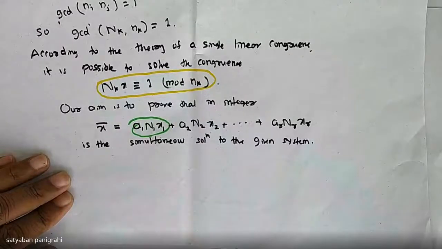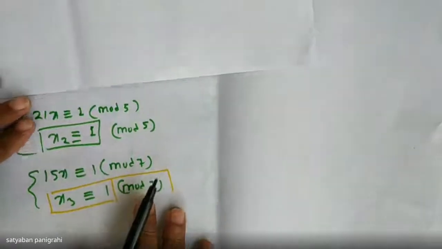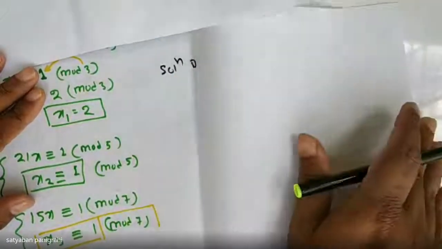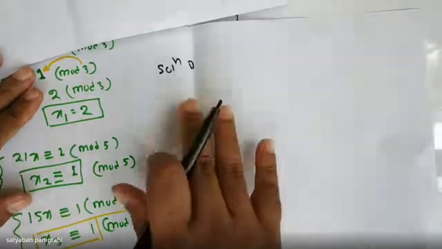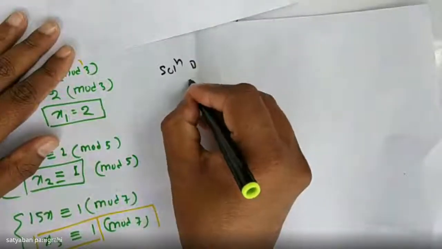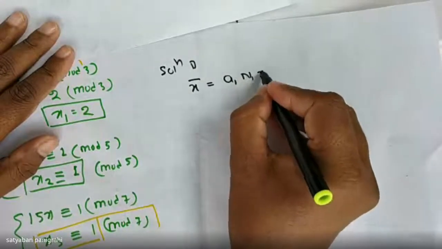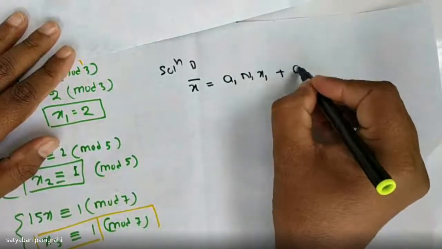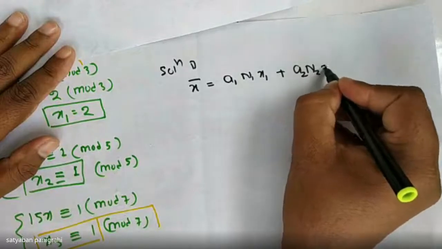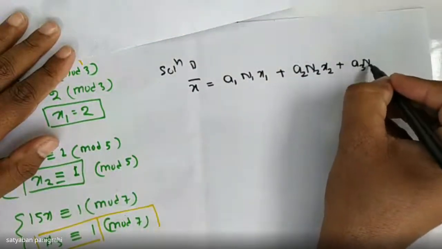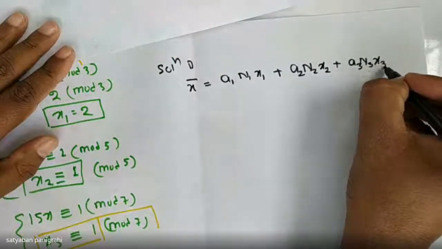So we can write the solution is x bar as a1 n1 x1 plus a2 n2 x2 plus a3 n3 x3.